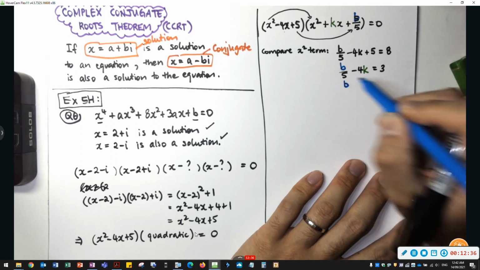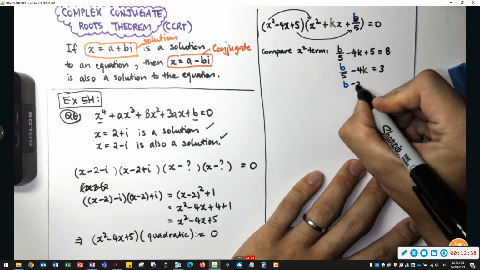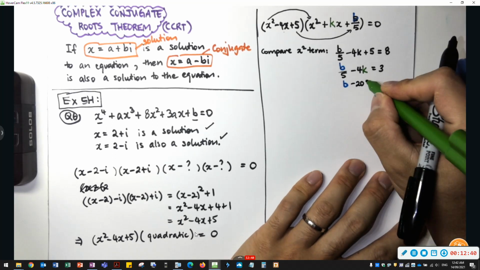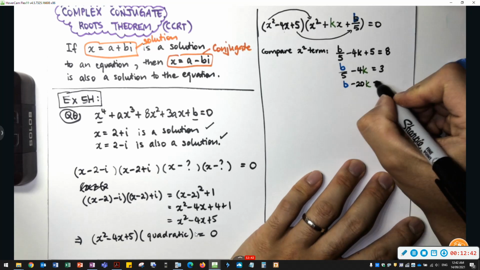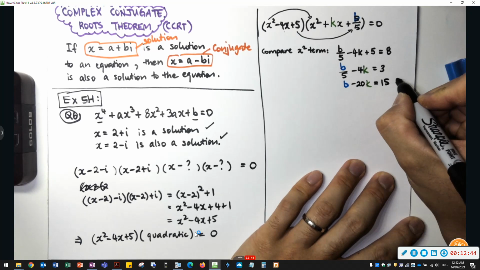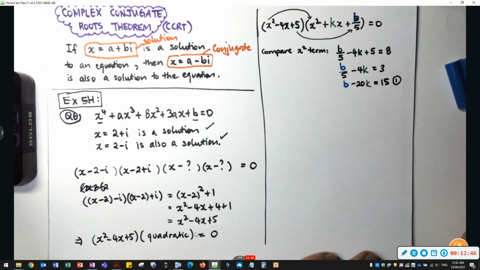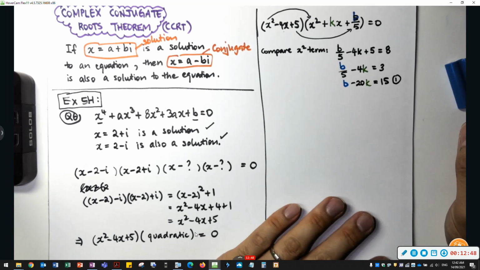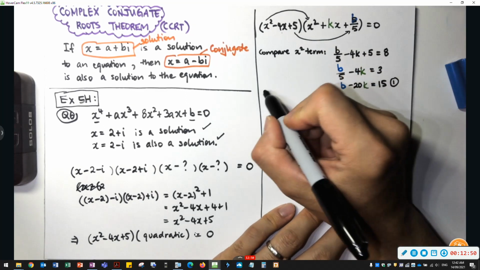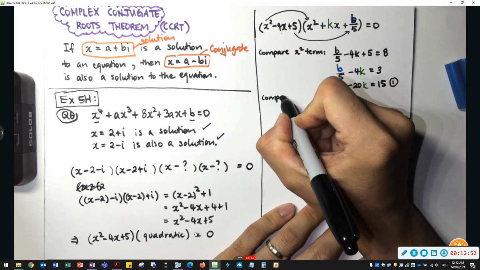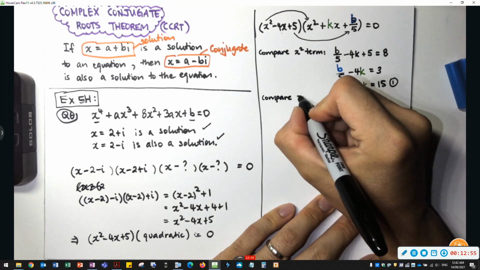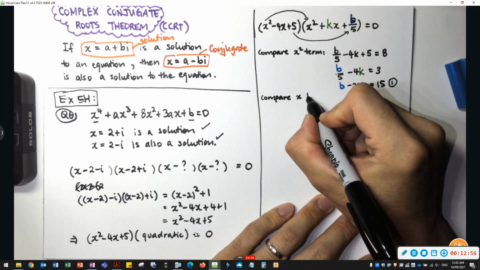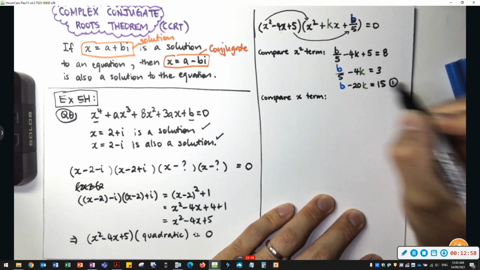So we'll get b minus 20k equals 15. Okay, so I want to call this equation 1. Now let's compare some other terms, and this is expected, right? You're going to have some equations you need to solve simultaneously.